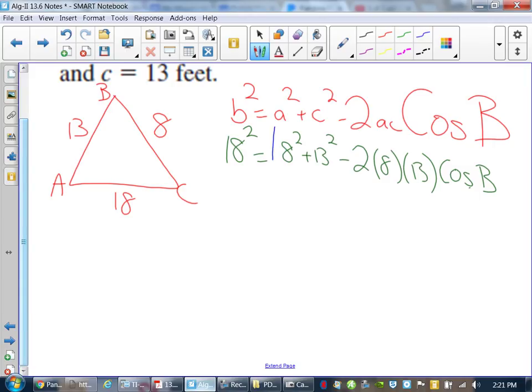Do this. Figure out that first. What is it? 18 squared is 324, right? That's cool. Okay, so I have those two going so far, right?